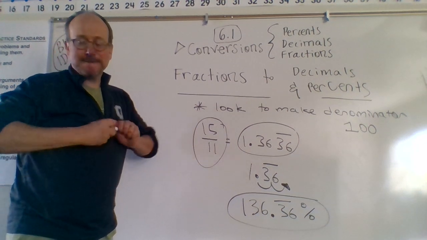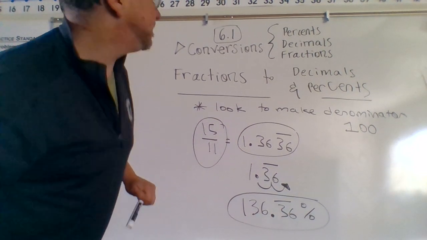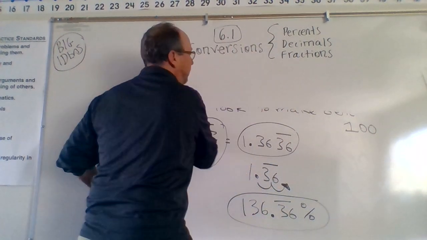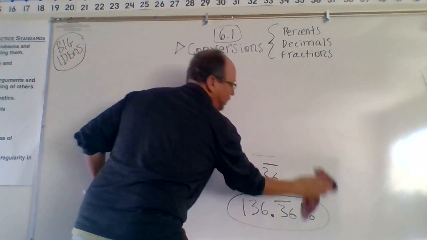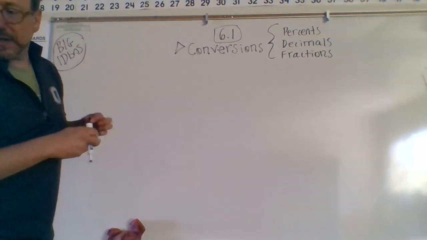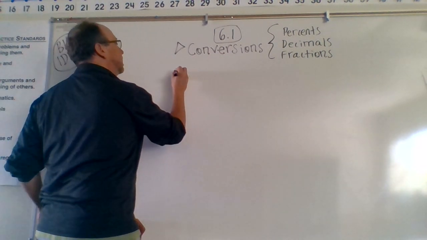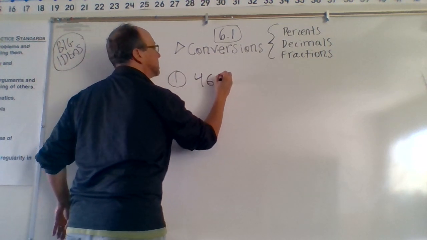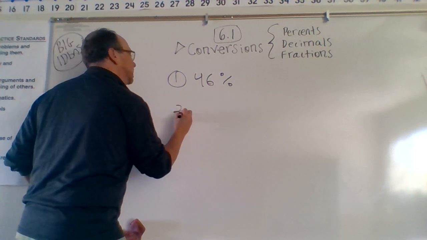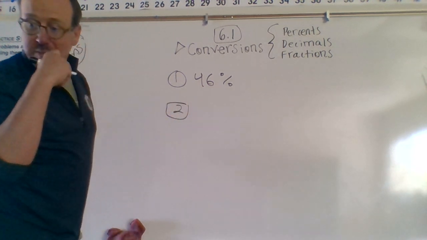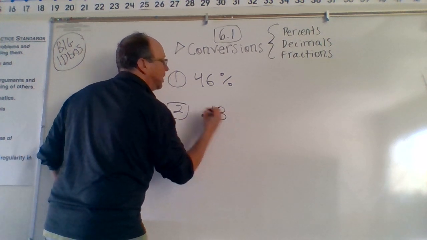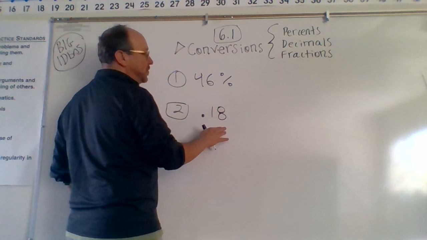So there it is. Practice problems. 4 of them, and I want you to convert every single one of them into all its forms. The first one is going to be 46%. Put it into a decimal and a fraction. The second one is going to be 18 hundredths.